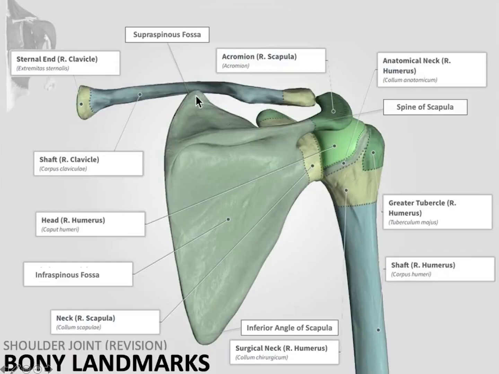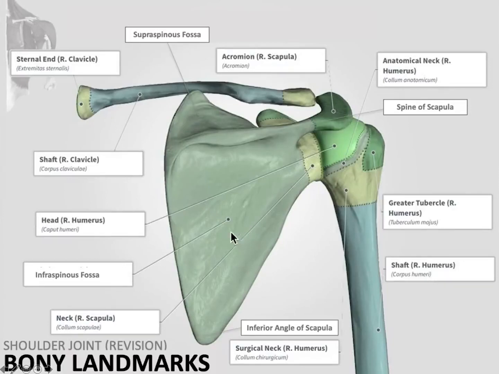Superiorly, we have our superior angle, and then we have our superior border. What is very prominent on this posterior view is this long elongated projection on the scapula, which is the spine of the scapula. This continues and curves around laterally and anteriorly to form the acromion.